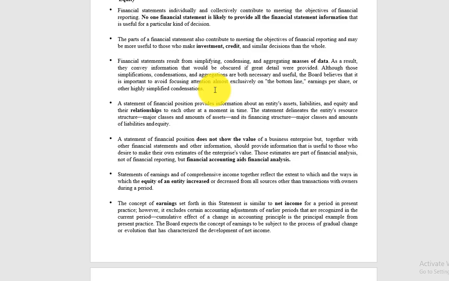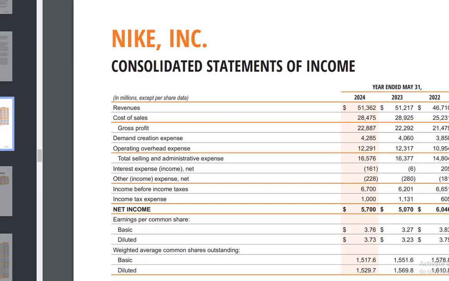You look at a financial statement, for instance, if we go over here and look at Nike, when you're talking about revenues, that's an aggregate of sales of shoes and all kinds of other clothing and other items over the course of an entire 12-month period, making up 51 million, or 51,000 million, or $51 billion in revenues.